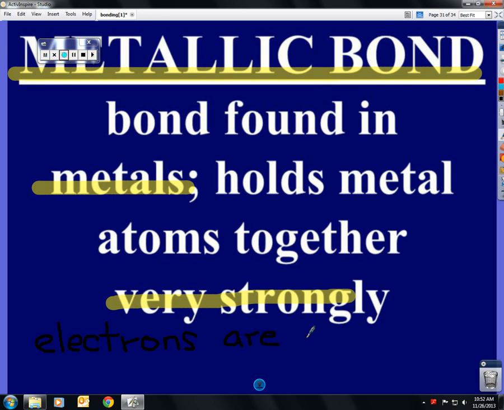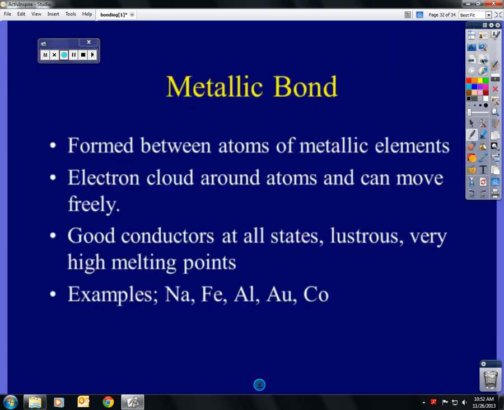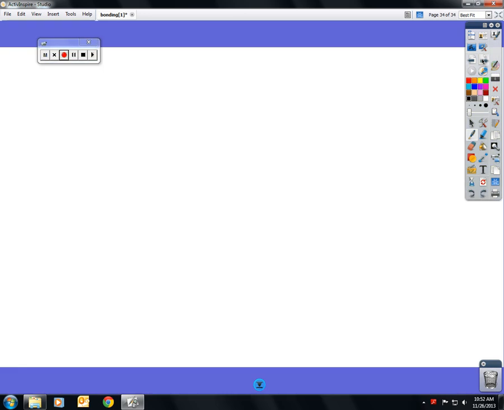That's the scientific word that they're going to use, meaning they can move around, from one energy level to the next. It says formed between atoms of metallic elements, the electron cloud around the atoms can move freely. So we've already talked about that.